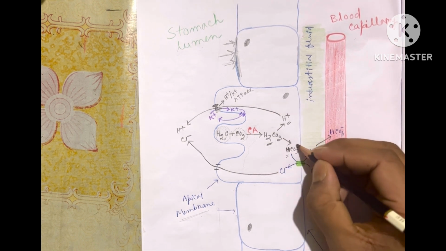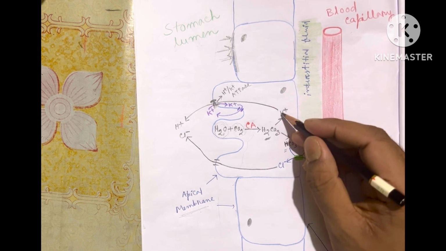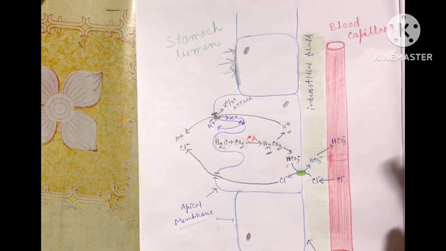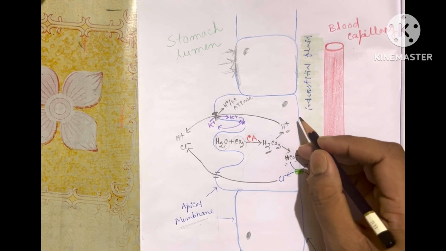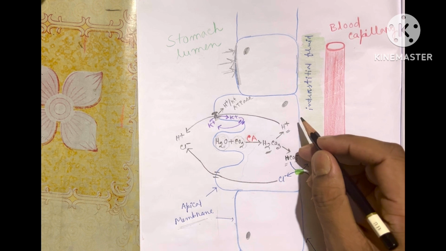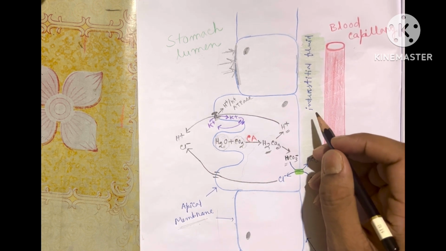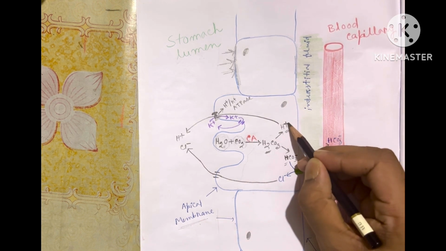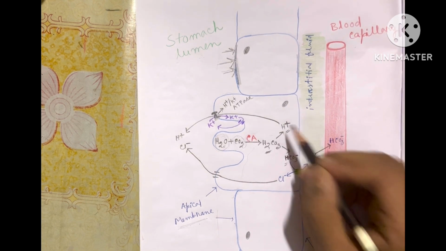So this is the bicarbonate ion and this is the hydrogen ion, or one proton. Hydrogen contains only one electron, so if we remove the electron from this orbital, only the proton will be left inside. That's why it is called a proton, H plus. Now this is an anion, and this is a cation.